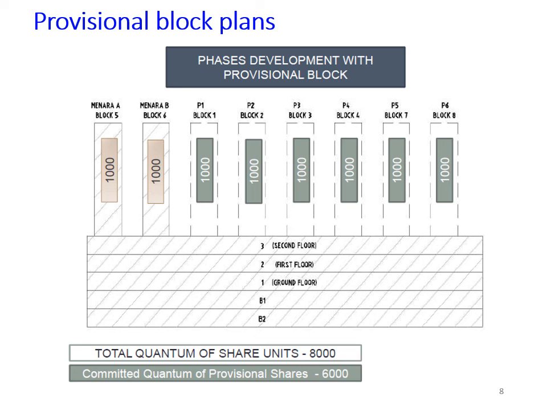So this 1,000 will be divided according to the strata title. And how do you calculate? How do you assign the share units? Like I said before, the formula has now been given in the SMA, which we will later discuss.